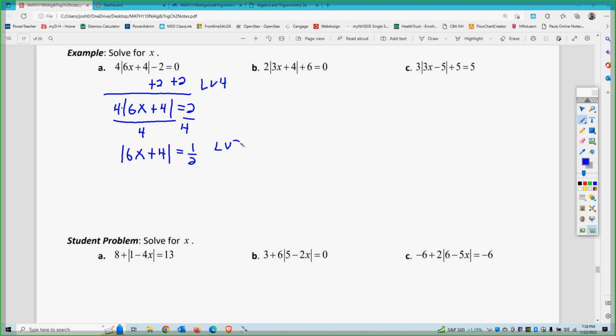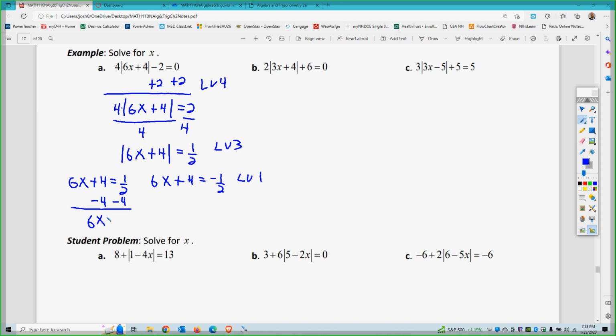That's level 3. Exponents and radicals, there isn't one. But there is a level 1, which is grouping symbols. So 6x plus 4 equals 1/2, and 6x plus 4 equals negative 1/2. Because it's a positive outcome, you have to split it into 2. So I'm going to minus 4.